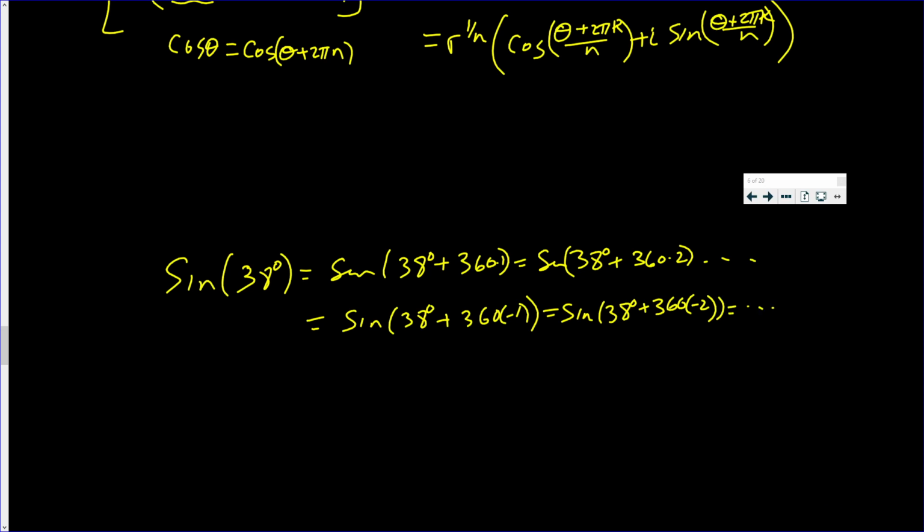It doesn't matter how many 360s you add or subtract from 38. The sine and the cosine and the tangents, they'll all be equal to one another. I'm not saying the sine of 38 is equal to the tangent of 38. I'm saying the sine of 38 plus any multiple of 360s will all be equal. The tangent of 38 degrees is equal to the tangent of 38 degrees plus any multiple of 360.